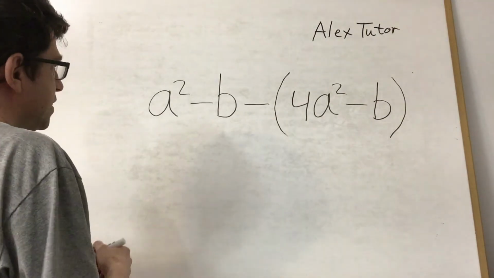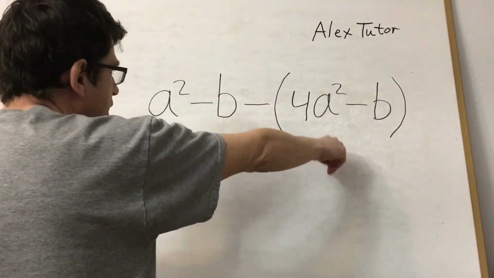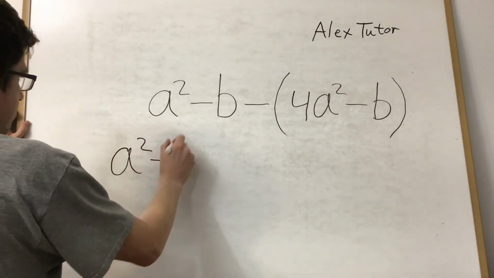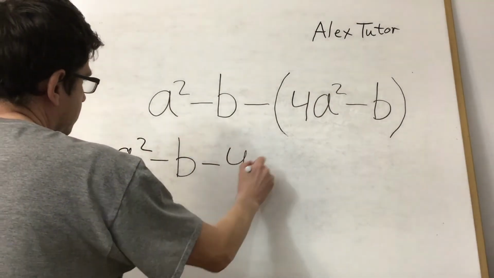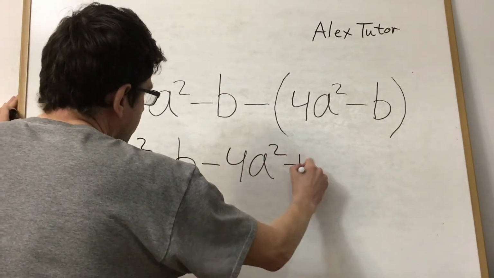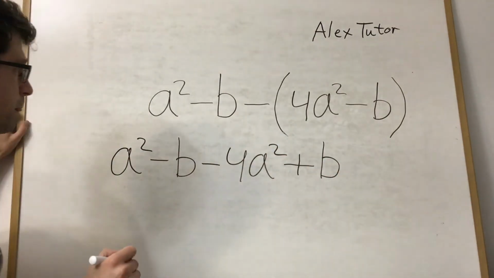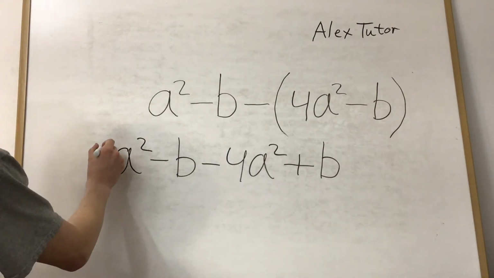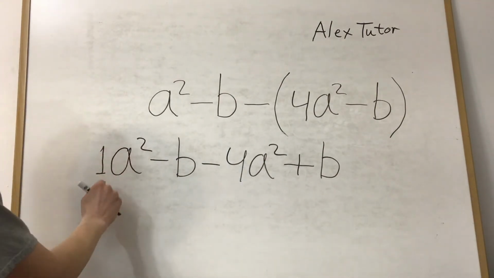Let me do the same thing here. So now I will get rid of the parentheses and I will change the sign. Plus b. So now I need to combine like terms. So first of all, I have 1a squared.